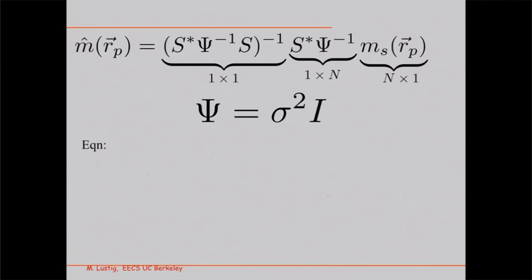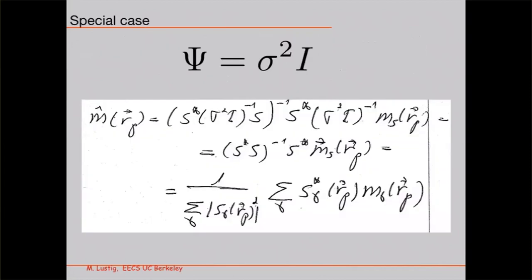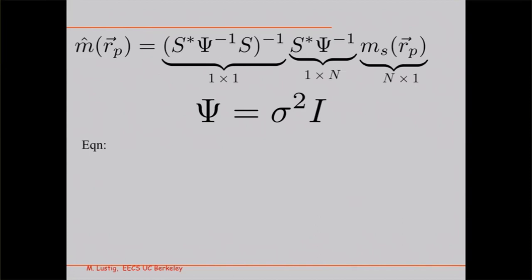For the simple case where the covariance matrix is just sigma squared times I, the solution is very simple. Actually, let me derive it for you because my handwriting here is terrible.